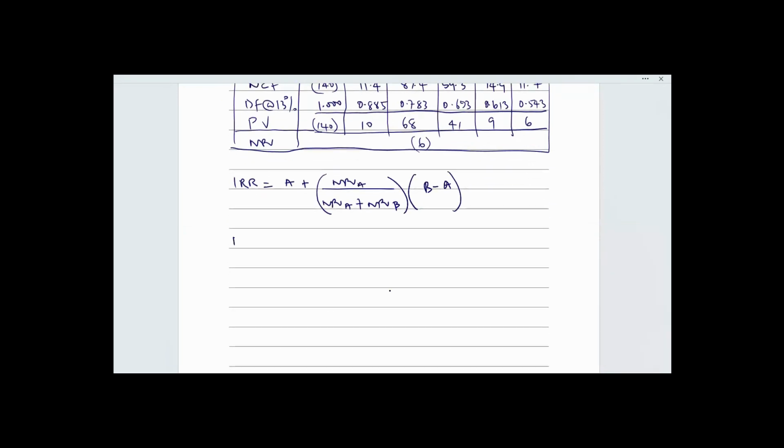So IRR will then be equal to, we assume 11 and 13%.